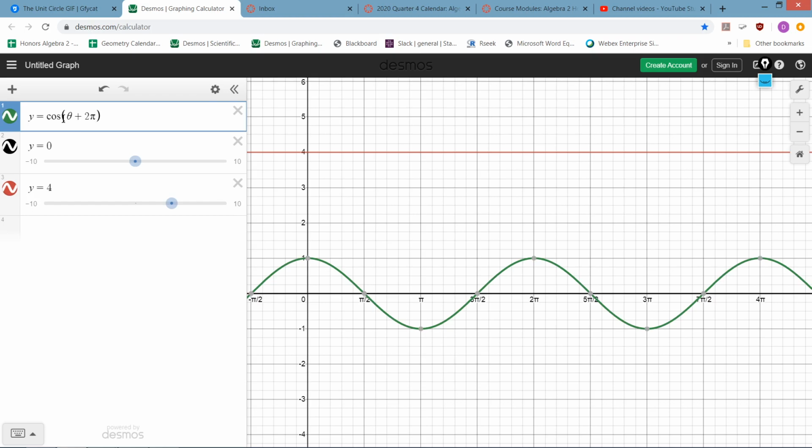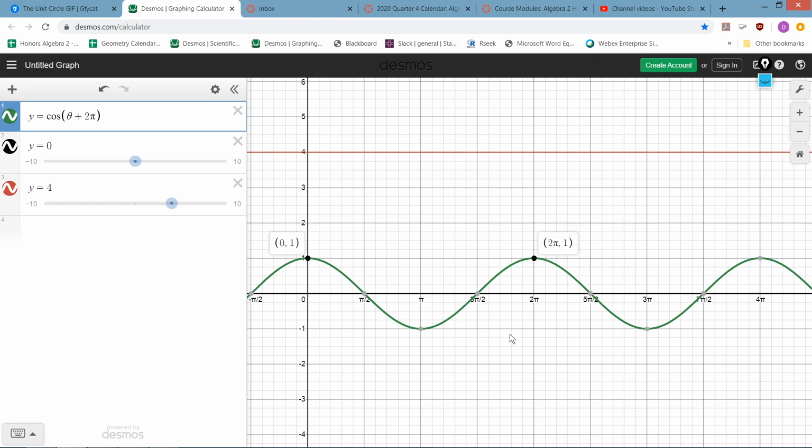It looks identical, right? I still have points at x = 0 and x = 2 pi for y = 1. Why? Because 2 pi is a full circle. So did I move my graph? From a horizontal shift perspective, it doesn't look like it changed.